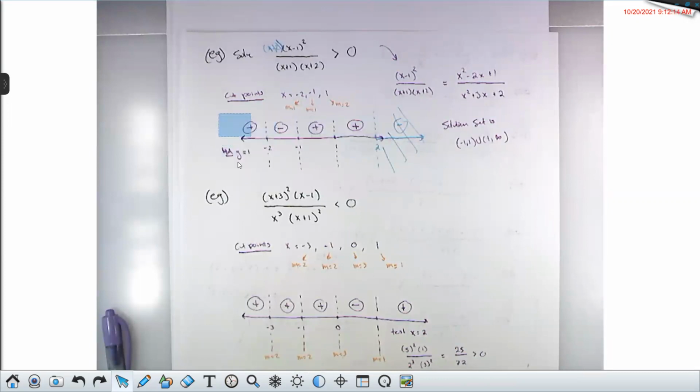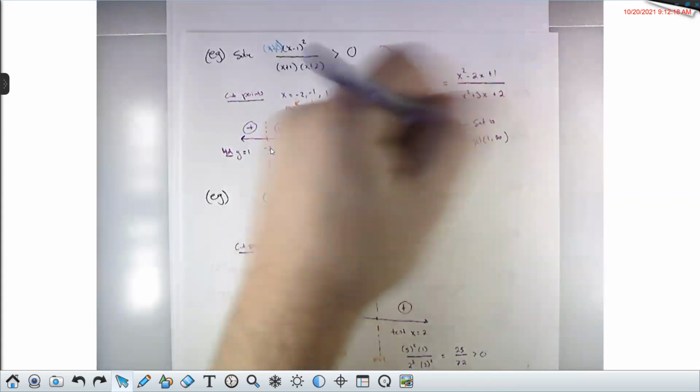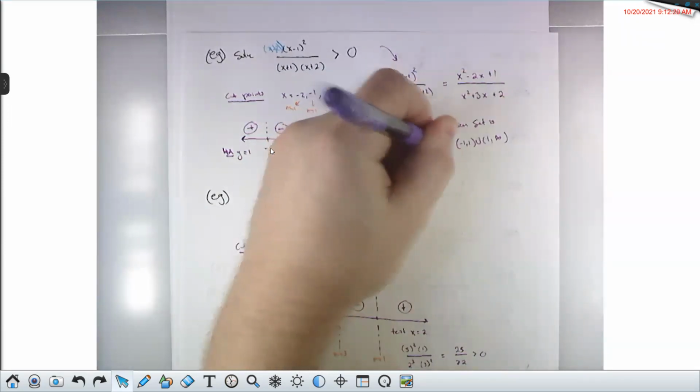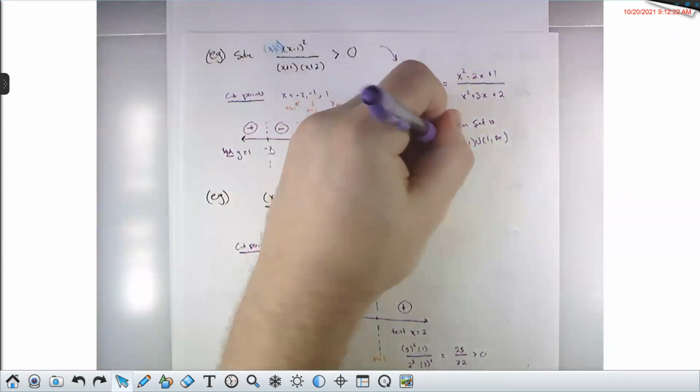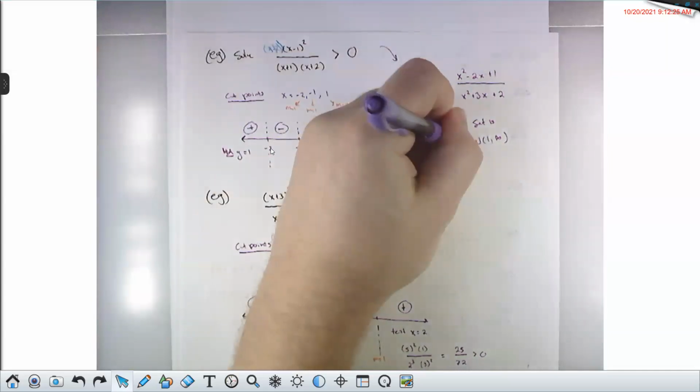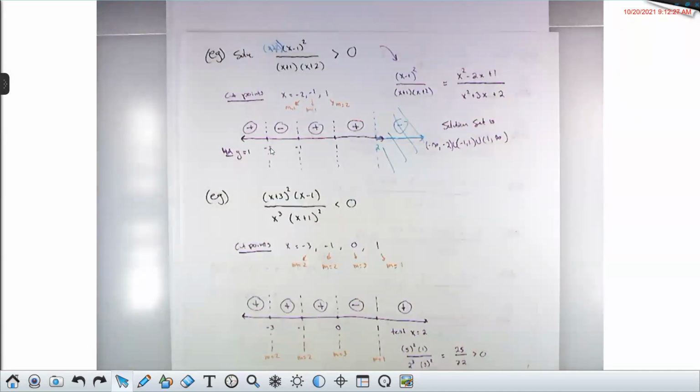Oh, it should be. Yeah. Oh, I made a mistake. No, you're 100% right. Negative infinity to negative 2 should be included here. Yes, indeed. Thank you. Yeah, this region, and this region. Thank you so much. Of course.